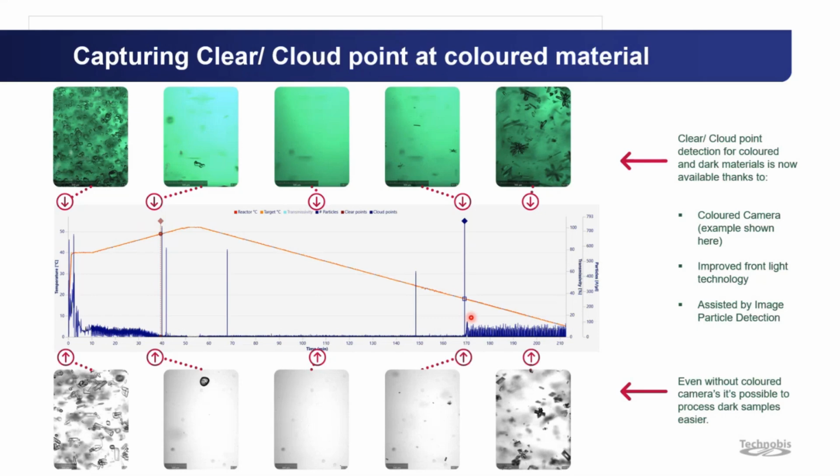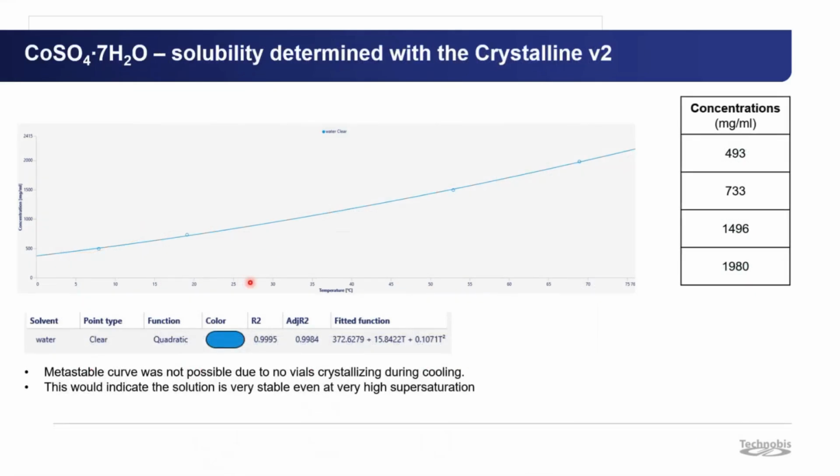And then using the software itself, we can then move these pins manually to find where the last crystal was seen for our clear point or solubility, and the first crystals are seen for our cloud point or metastable zone limit. These can then be fitted in the software itself using multi-analysis in order to get the solubility curve.